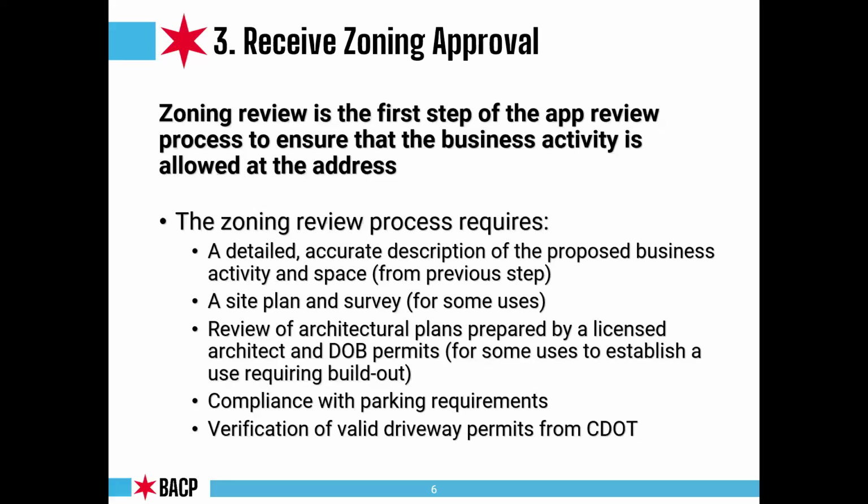To ensure a proper review, as previously mentioned, we want a detailed description of the activity in the space. For some applications, we might require you to provide us a site plan or a survey. We might require architectural plans. And the perfect example of this is, let's just say that the space that you're looking to lease, or the space that you're looking to operate, you're looking to conduct a restaurant out of there.